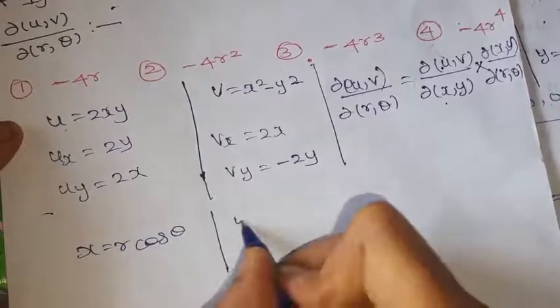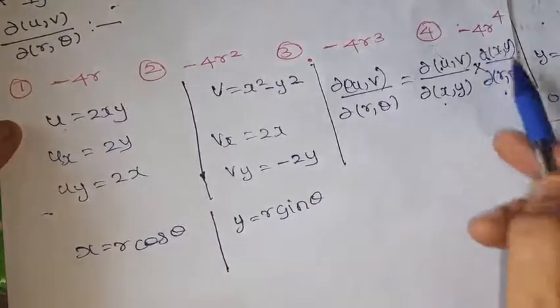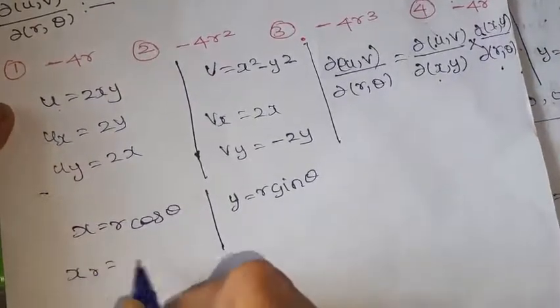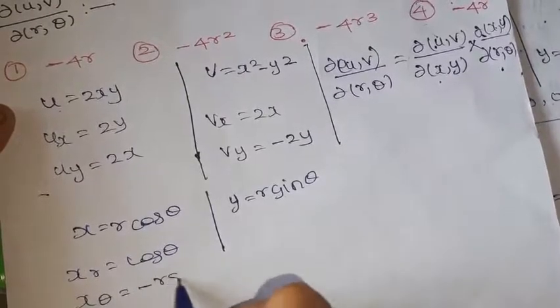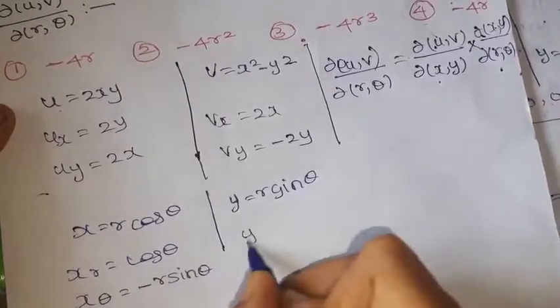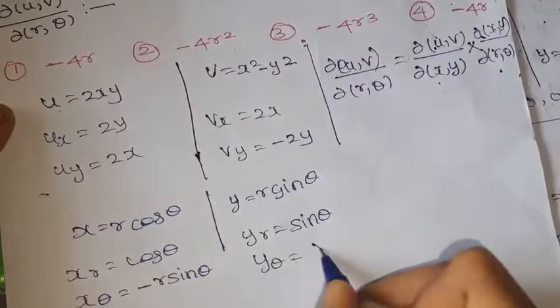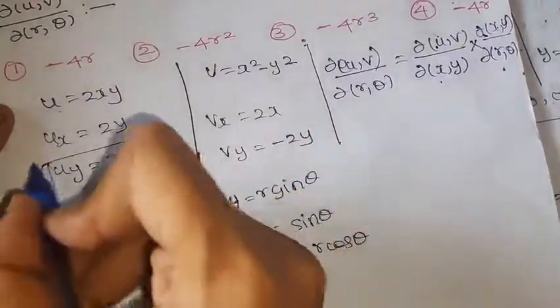X equal to r cos theta, y equal to r sin theta. So we need to find xr, x theta, yr, y theta. So xr is nothing but cos theta, x theta equal to minus r sin theta, yr equal to sin theta, y theta equal to r cos theta. So these are the values.